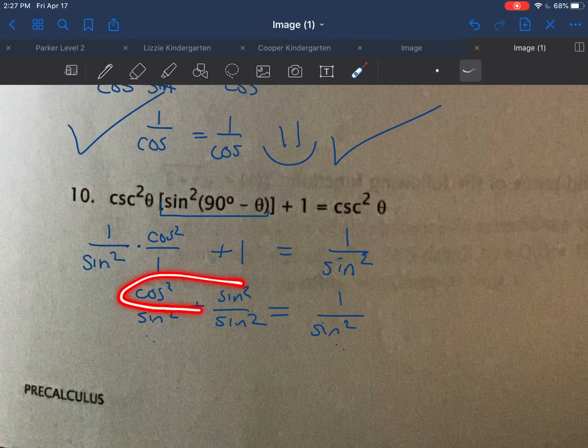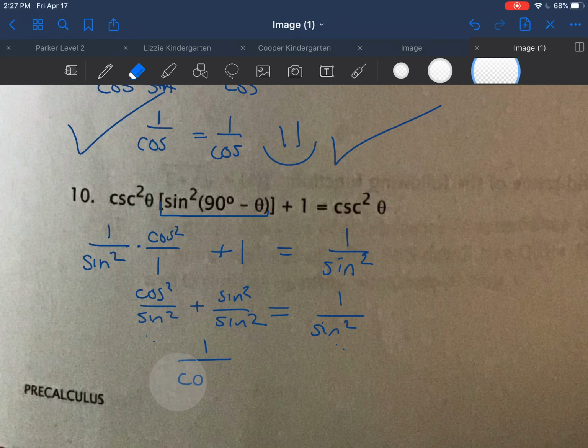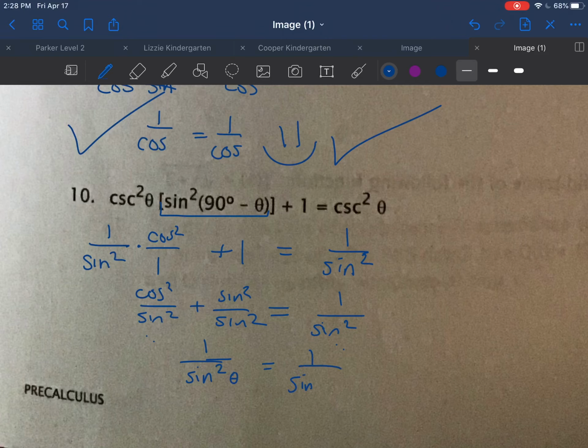If you remember, your other identity says, so we could combine these into cosine squared plus sine squared over sine squared. Cosine squared plus sine squared was one of those big main identities. That's equal to 1. Our common denominators. 1 over sine squared theta equals 1 over sine squared theta. It worked out fine.